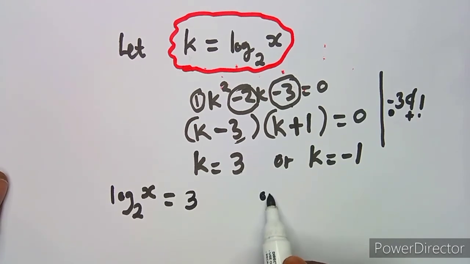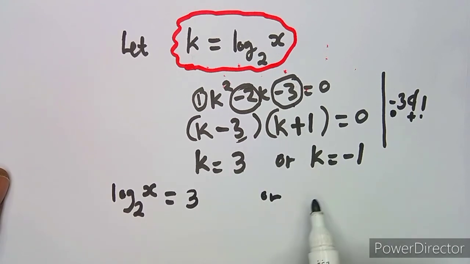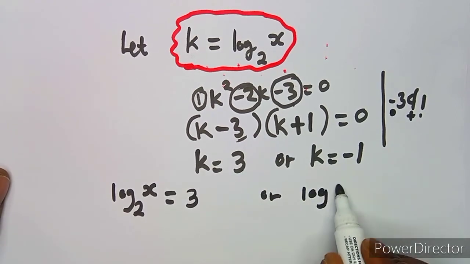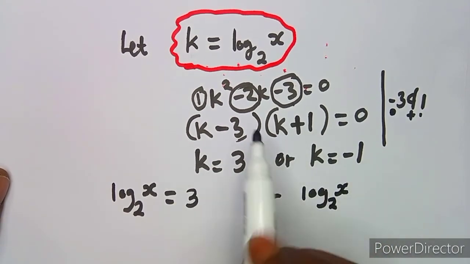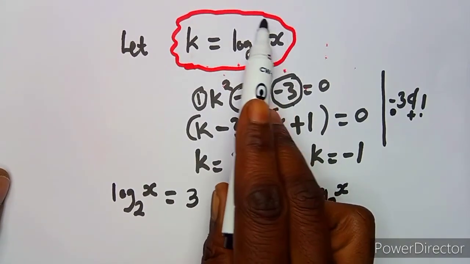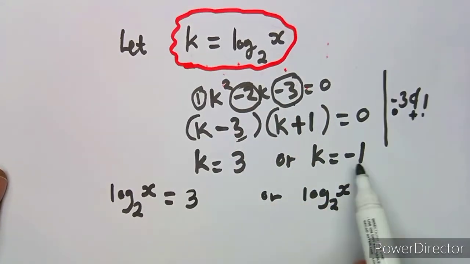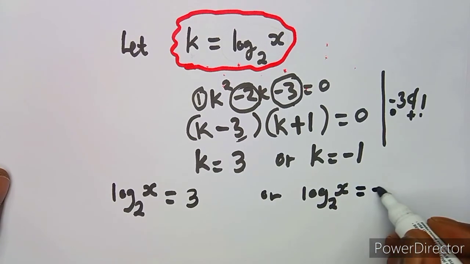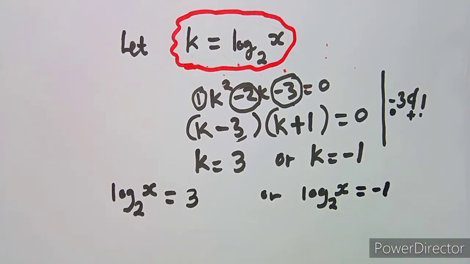Alright. Or we move on to another one, log x base 2, which is equal to k, and our k is a negative 1, like this. So we have formulated the equations that we are supposed to solve, the ones we needed in terms of x.